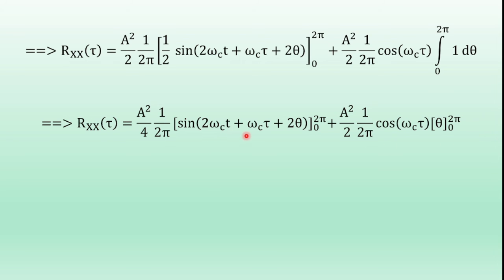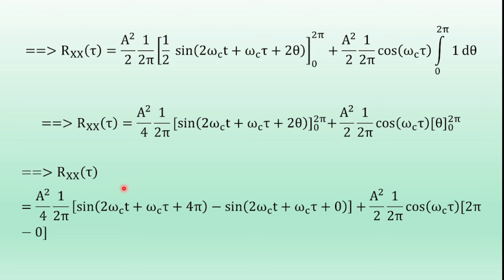Now we substitute the upper value and lower value of theta, and we get Rxx of tau is equal to A square by 8 pi into [sin of (2 omega c t plus omega c tau plus 4 pi) minus sin of (2 omega c t plus omega c tau plus 0)] plus, in the second term, A square by 4 pi cos of omega c tau into (2 pi minus 0). Now sin of (4 pi plus 2 omega c t plus omega c tau) is sin of (2 omega c t plus omega c tau), and the second term is also sin of (2 omega c t plus omega c tau). One is the plus term and the other is the minus term, so these two terms cancel.